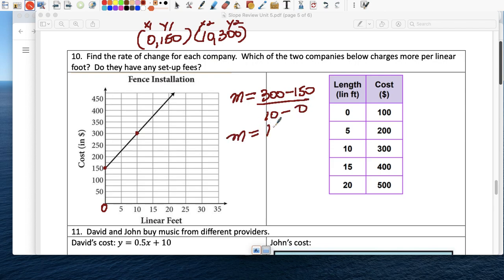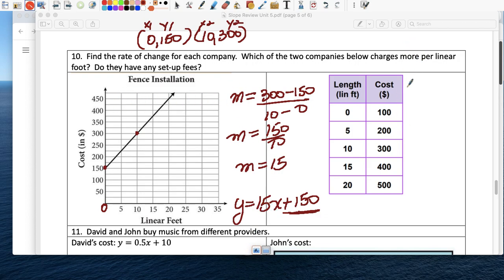And we get 150 over 10, and we can simplify that to 15. So the equation of the line would be y equals 15x plus, what's the y-intercept right here? 150. So this company is going to charge you $150 in fees, and then after that, every foot of fence that they install is 15 bucks. That's this company.